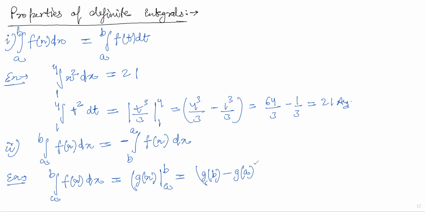Now let's take minus common out of this. If I take minus common, it would be ga minus gb.